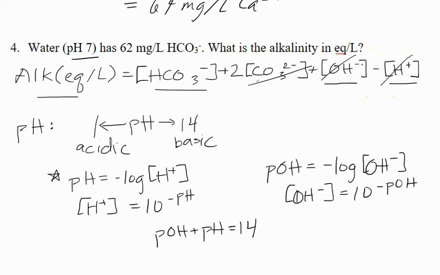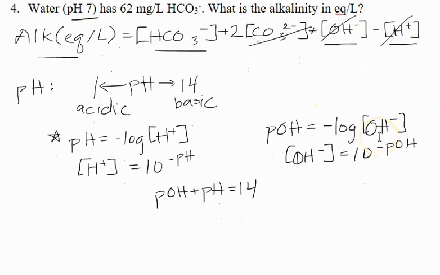So we've really simplified our equation because we've assumed that there is no significant amount of carbonate, and then the OH and H balance. So we have a much simpler alkalinity equation.